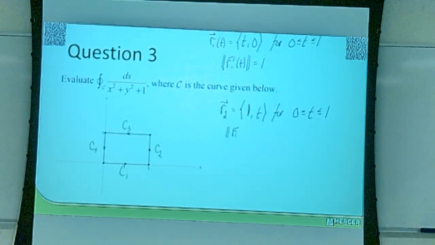So why did you make x... why didn't you make x t? Because x isn't changing, is it? I see. X is fixed at 1. Gotcha. The magnitude is once again 1. So t is just for the direction you're moving.